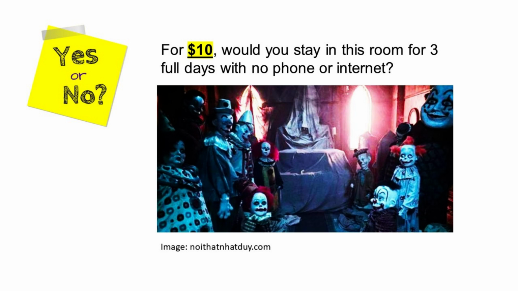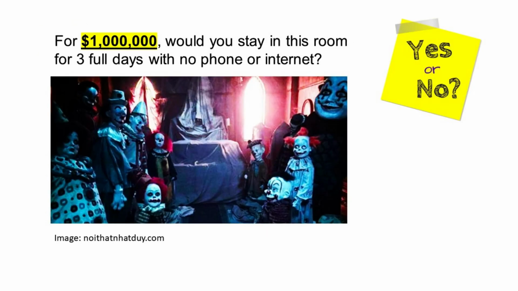This is voluntary consent. When I say, for $1 million, would you do this? You are adding a really strong external pressure that may change your ability to feel like you can voluntarily say, no, I don't want to do this thing that makes me feel uncomfortable.